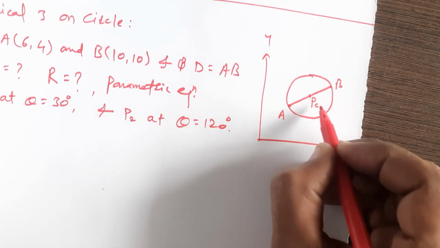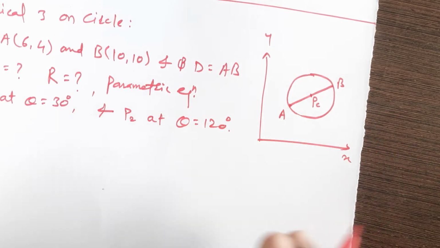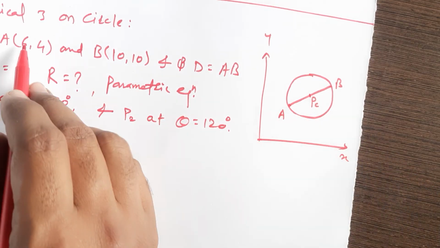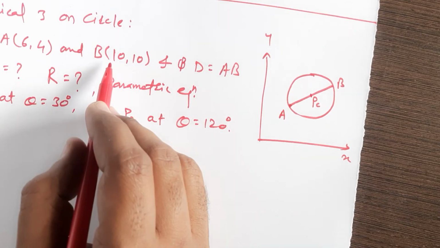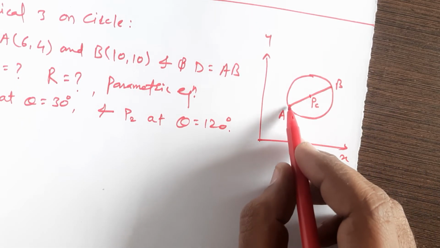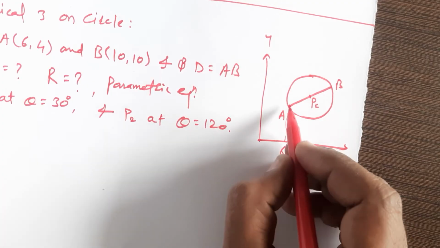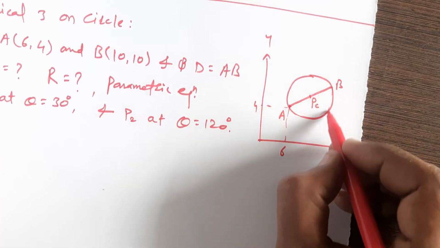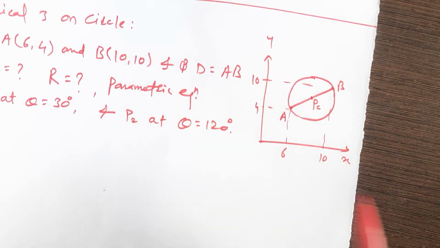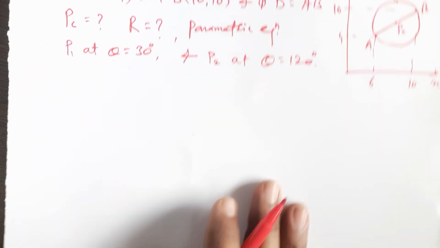Let us say PC is the center of the circle. So 10, 10 will be here and 6, 4 may be here. Okay, so let us assume this is 6 and this is 4, this is 10, this is 10, like this.